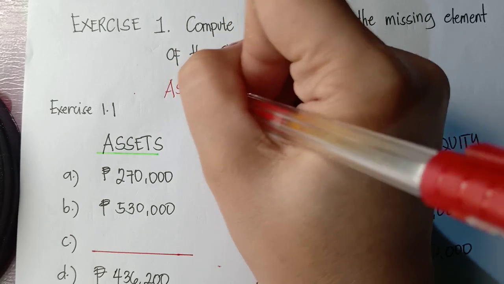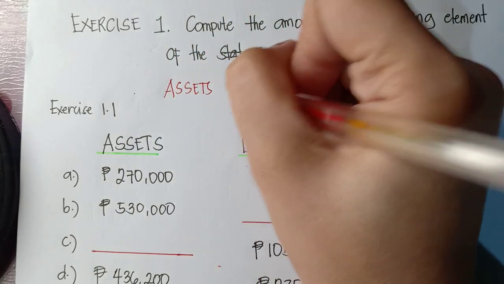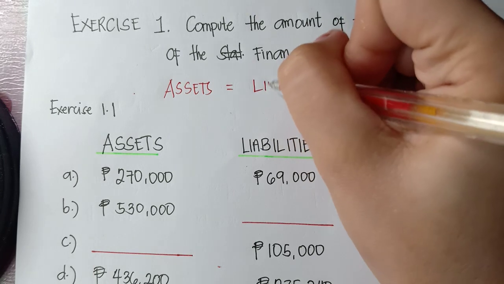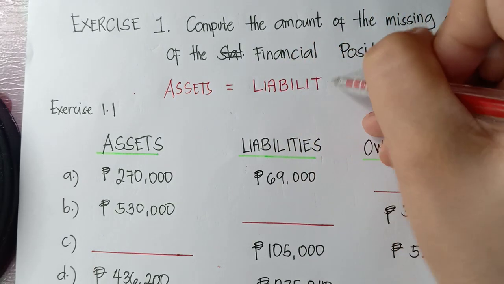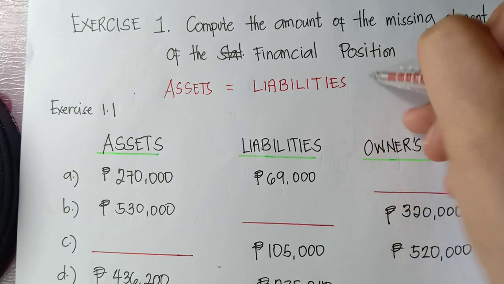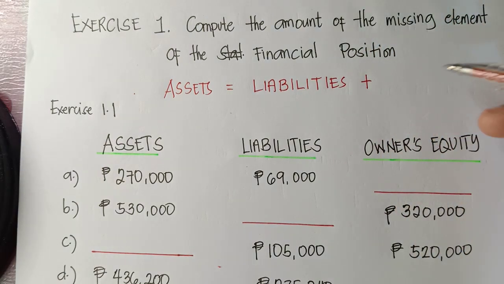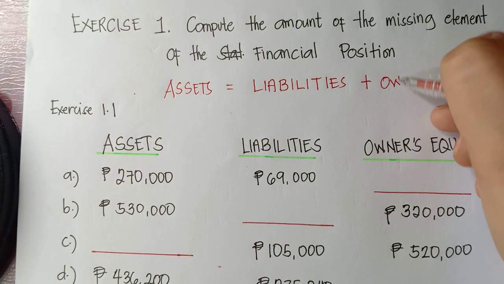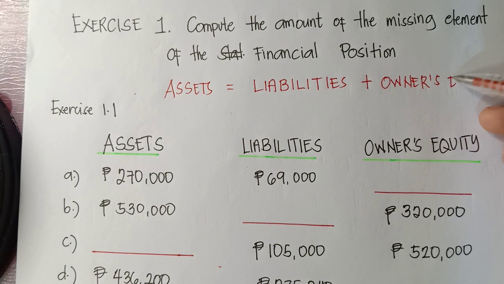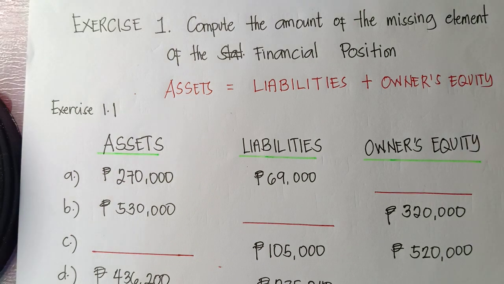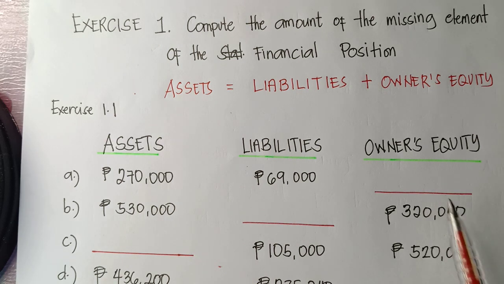Assets is equal to liabilities plus owner's equity. We will use this accounting equation in order to identify and compute the missing element.